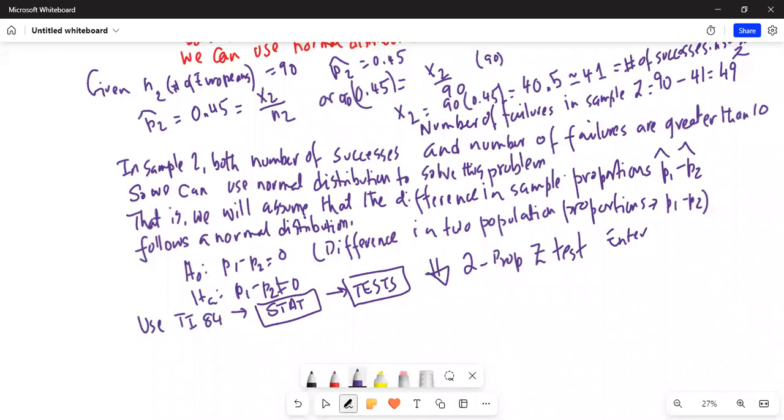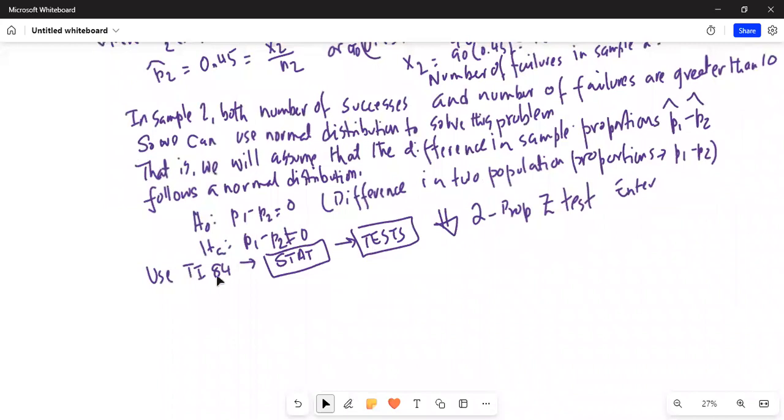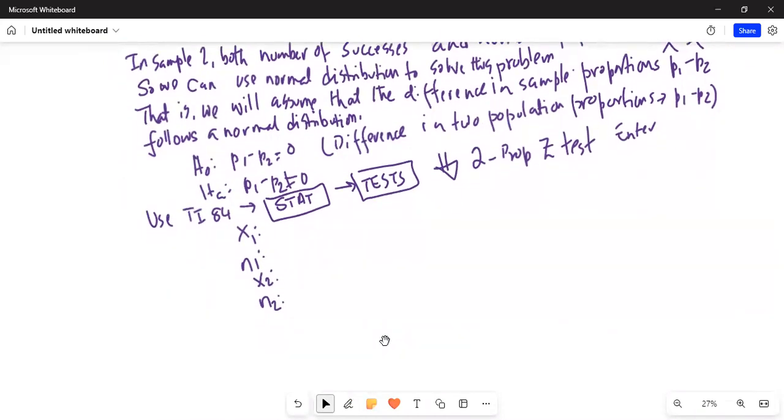So it is asking for x1, then n1, then x2, then n2, then the alternate hypothesis, P1 not equal to P2.